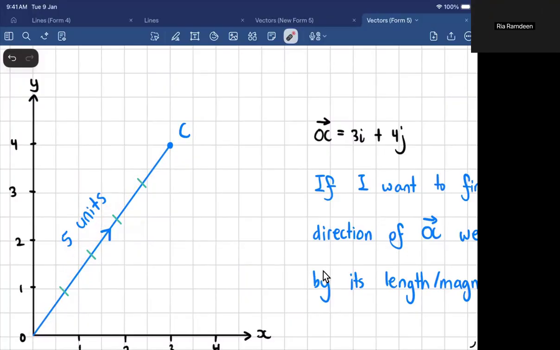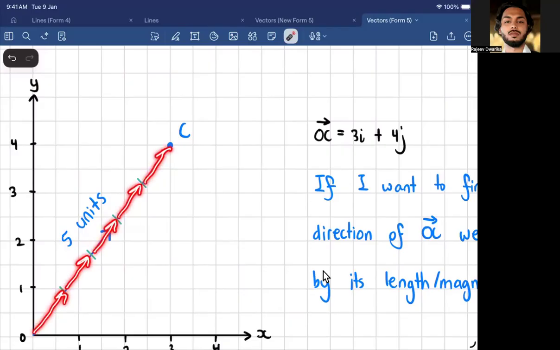We could divide it by 5. Yeah, we could divide it by 5. And if we do that, we're going to end up with 5 small vectors, and each of their magnitudes should be 1. See how that makes sense?